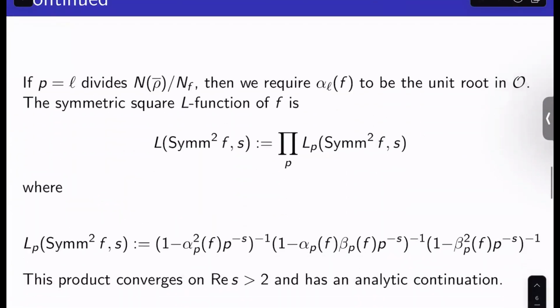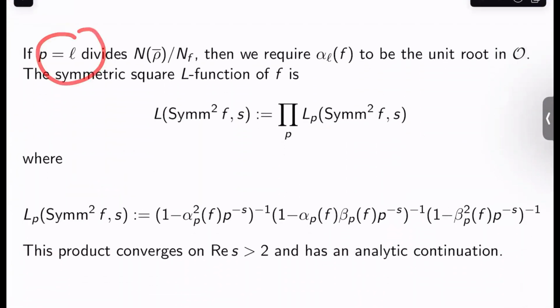Now, if P equals L divides the conductor of rho bar divided by N sub F, then we will require that alpha sub L of F be the unit root in O. Okay, the symmetric square L function of F then is L sim squared of F comma S, and it's the product over primes P of L sub P of sim squared F comma S, where this local symmetric square L function is just 1 minus alpha squared sub P of F times P to the negative S inverse, times 1 minus alpha sub P of F beta sub P of F P to the negative S inverse, times 1 minus beta squared sub P of F P to the negative S inverse.